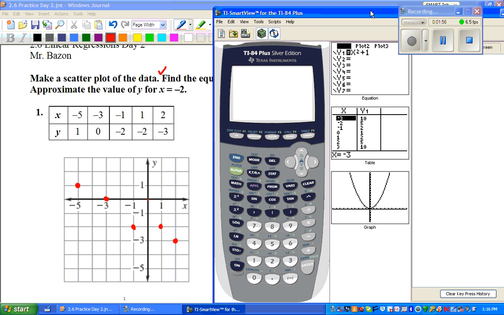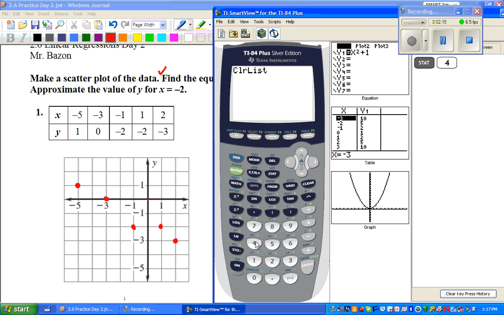All right, what we're going to do is put these points into our calculator, into our table, so that we can make a graph and a linear regression, a line of best fit. One of the important things to do first is go to the Stat button right here, and go to number 4.